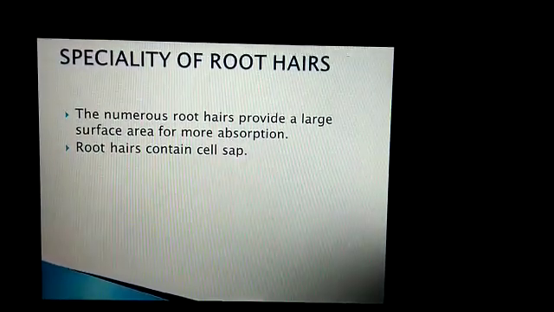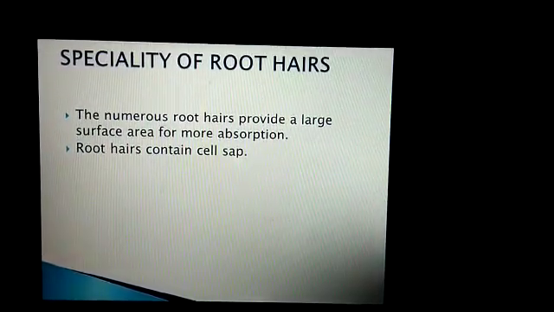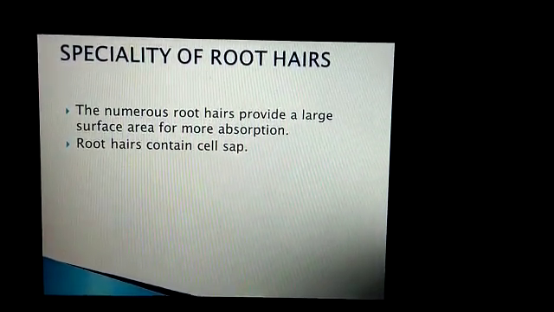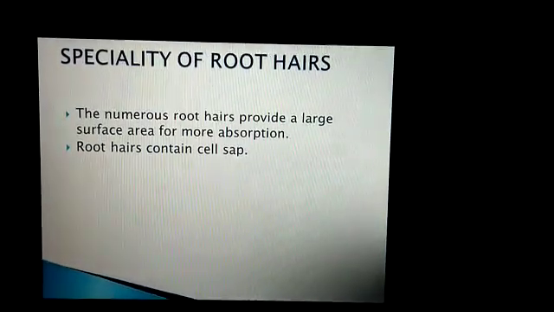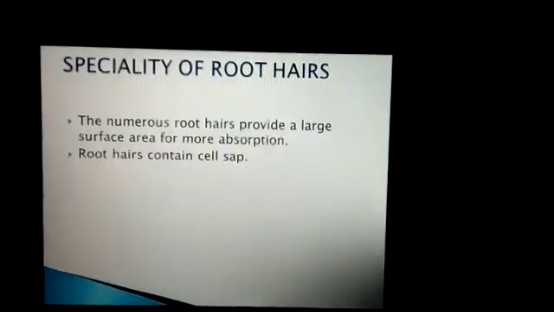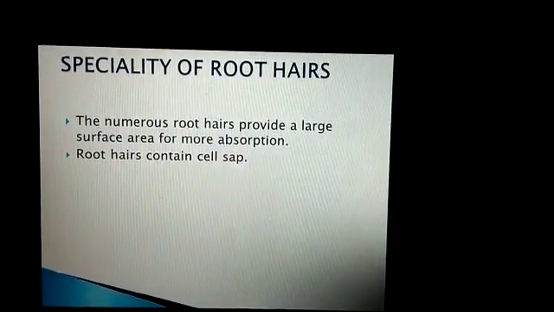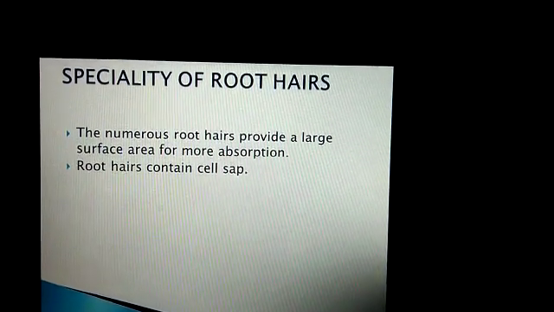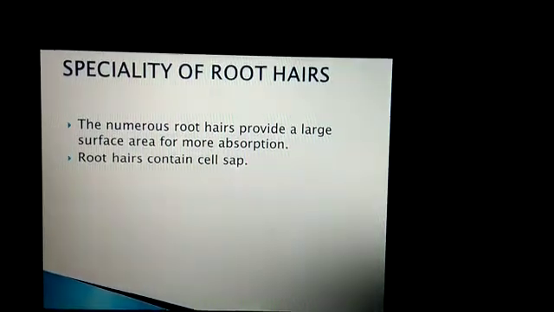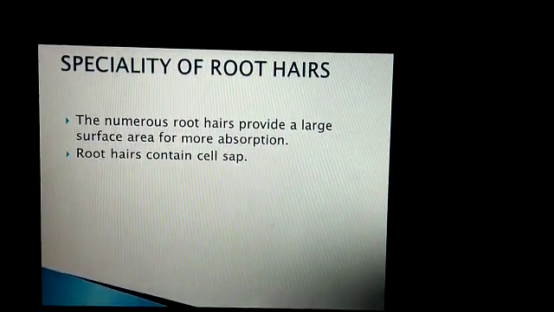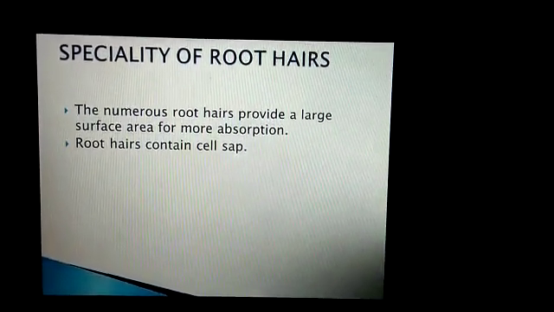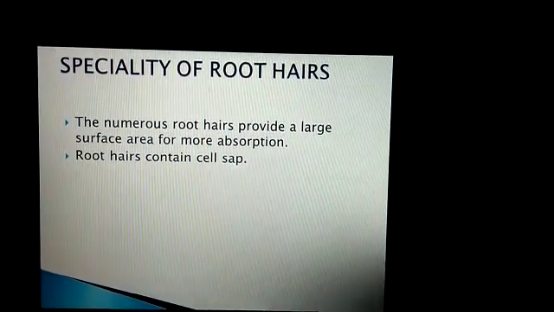In the previous slide, you have seen the composition of cell sap, that is sugar, amino acids and water, and these sugars and amino acids make the fluid inside the cell more concentrated, and the water present outside the root is less concentrated, and because of this water is absorbed by the root hair cells.